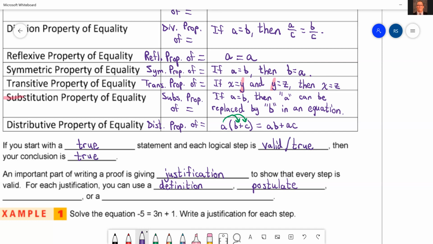A property, we just went over a bunch of those, or a previously proven statement.